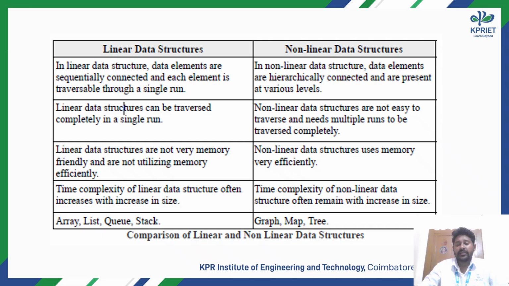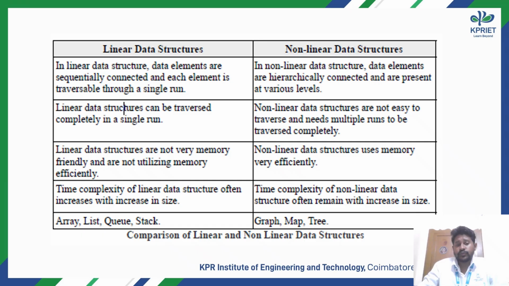Whereas in non-linear, which is the graph, similarly 1 3 2 5 4, if I want to find 5, I can find it directly. And if I want to print all the elements in the array, I have to print from the first element: first element, second element, then third, fourth, and followed by the last element, which is 4.